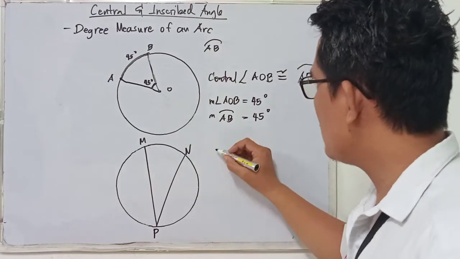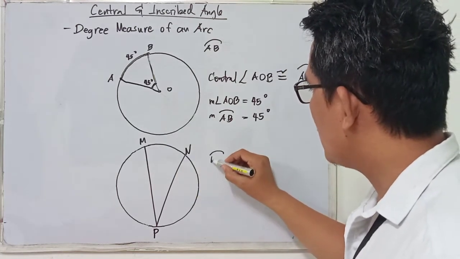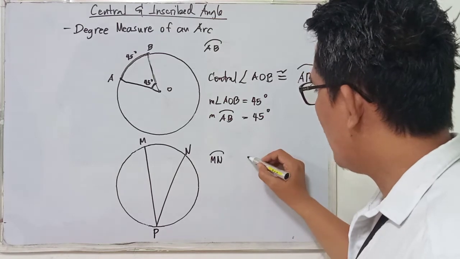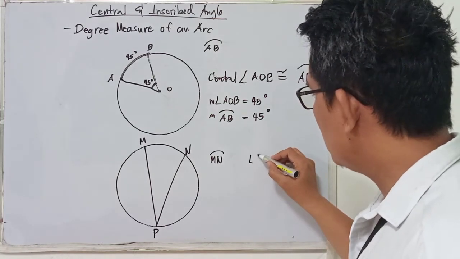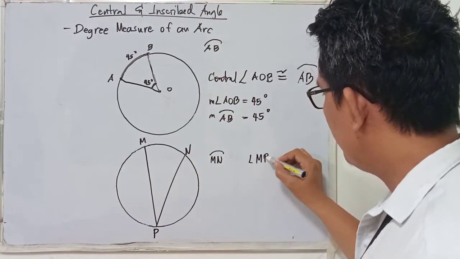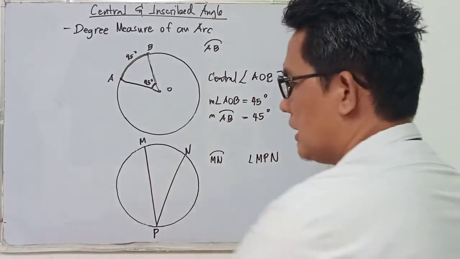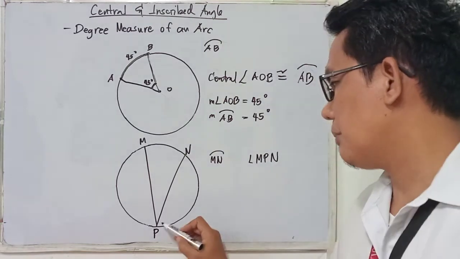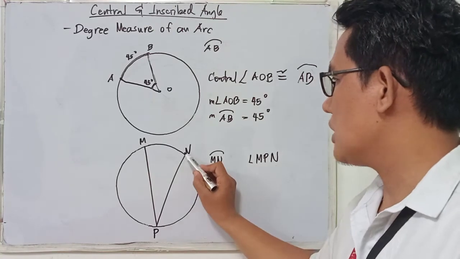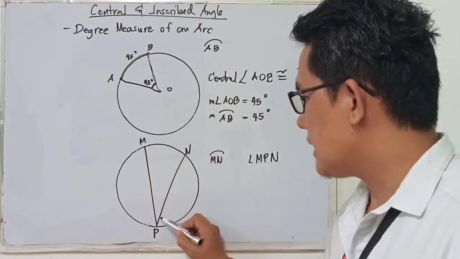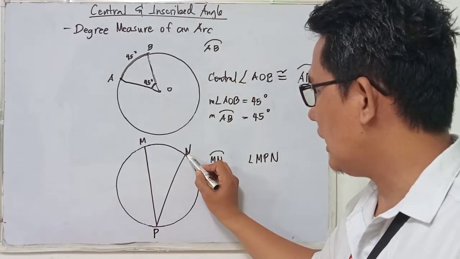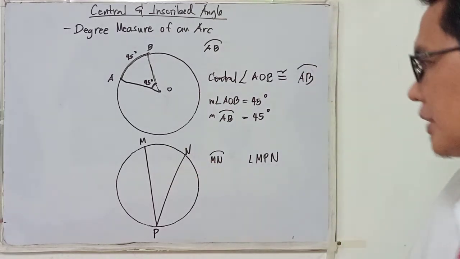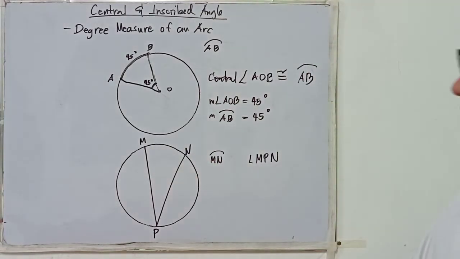What is the relationship of our arc MN towards our angle MPN? Again, the relationship of our inscribed angle towards our intercepted arc.